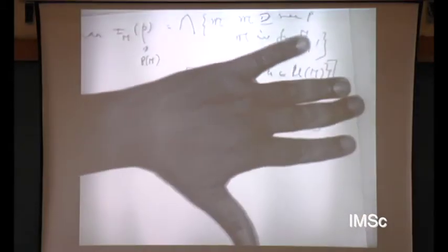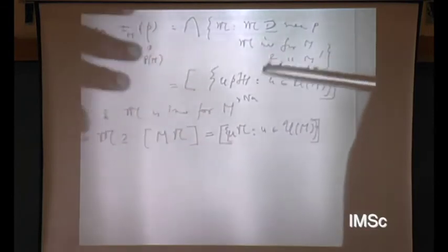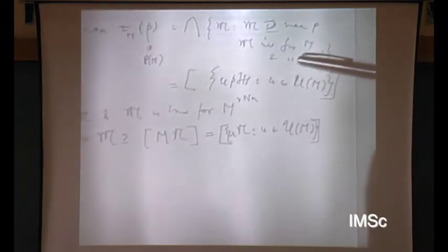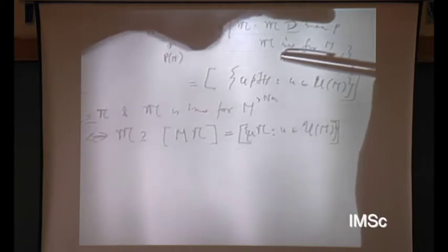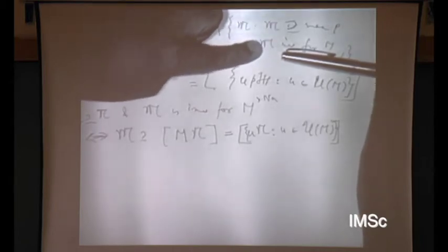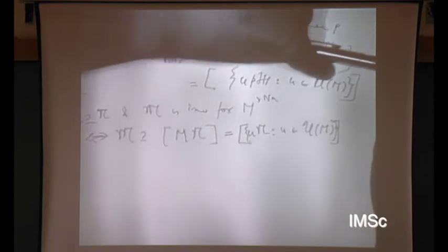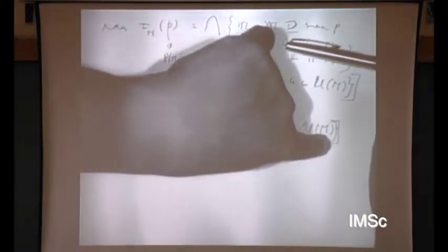I'm going a little fast here, so let me go slowly. To say that it contains range P and is invariant for M means that it must contain this space, what we've said here.